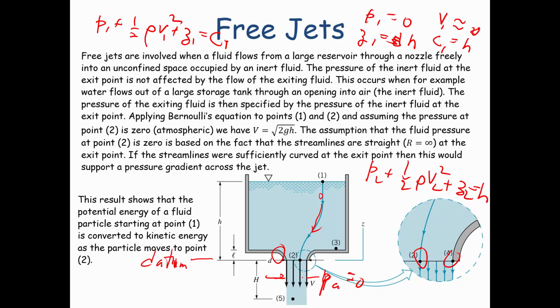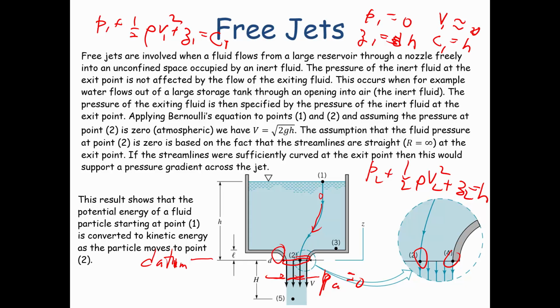So the water pressure inside that column has to be 0 all the way across. This may not be exactly the case if the jet were curved in any way, but in this case, because the streamlines are straight coming out of that jet, the water pressure is the same as the atmospheric pressure all the way around the jet, and that atmospheric pressure is 0, so the water pressure is 0 all the way across this line here.